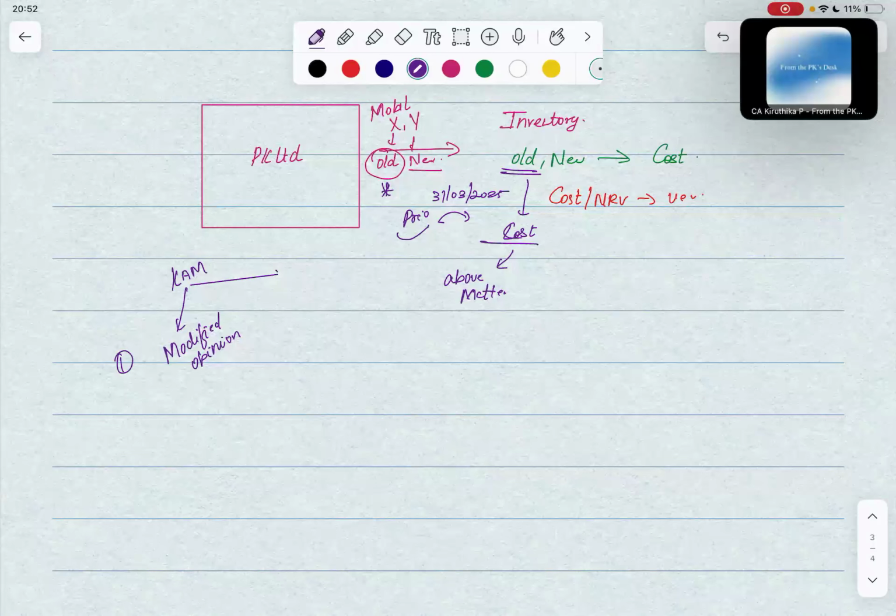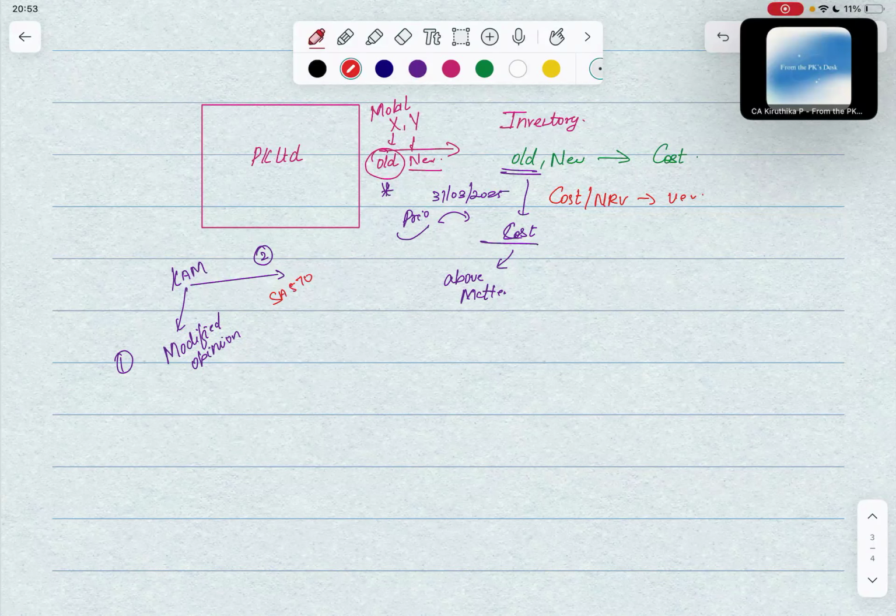Number two is we have learned about going concern, right? SA 570. And if you can remember, we have also learned about material uncertainty on going concern, MU on GC, and MU on GC specifically in SA 700.